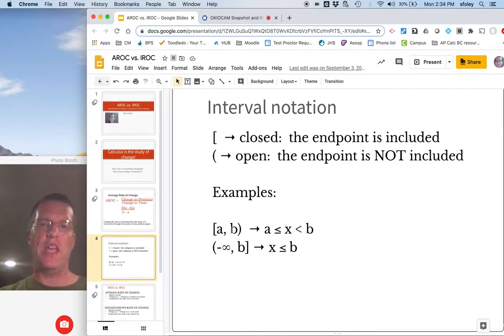And so a comma b with a bracket on the left and a parenthesis on the right means everything between a and b, including a, but not including b. You can throw infinity into the mix, negative infinity, and so forth. You never put a bracket by infinity. You can never actually equal infinity. It's just more of an idea. And so you always put the parenthesis on infinity or negative infinity. So that'll come up a lot on these problems. It'll say find the average rate of change on the interval from 1 to 3, for example.